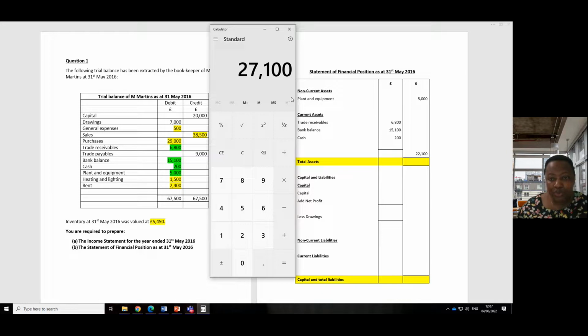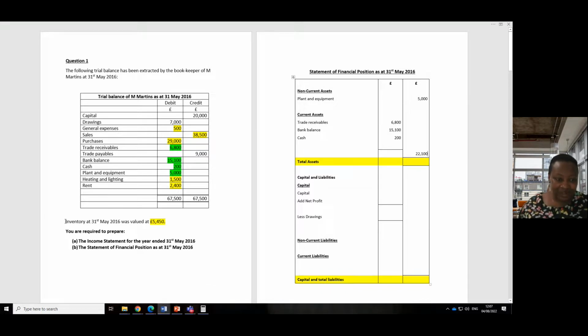But just to be sure, did we miss anything? Let's check again. Drawings, capital, no. General expense, sales, purchases, trade receivables, trade payables, bank balance, cash. We've taken cash. Plants and equipment, we've taken that. Heating, oh, we have something we haven't taken, and that's our inventory.